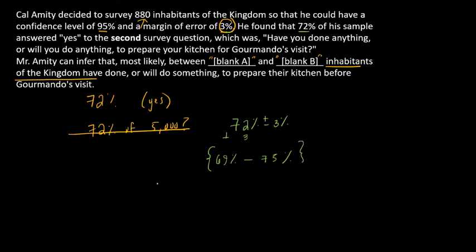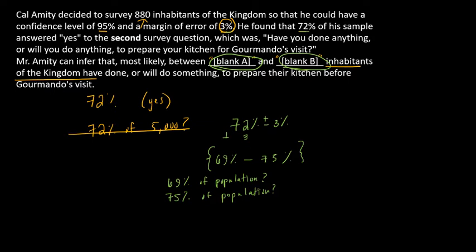So your job is to say what is 69% of the population, and that's going to go in blank A. And then you're going to figure out what's 75% of the population, and that's going to go in blank B. We have a 3% margin of error, so we could be off by 3% under or 3% over 72%, which is why we're establishing that range of 69 to 75%.